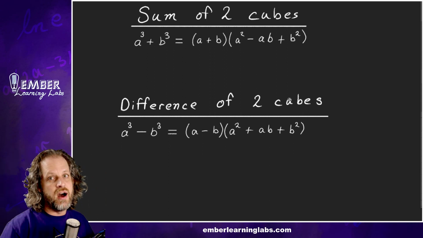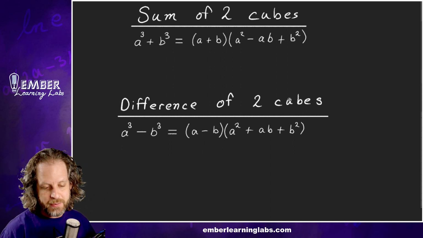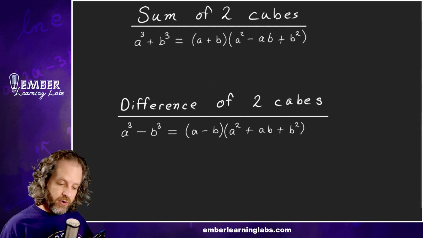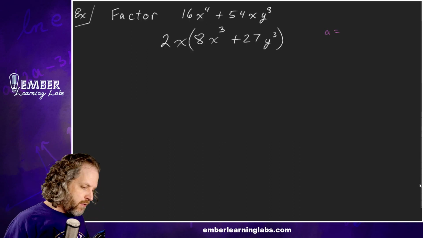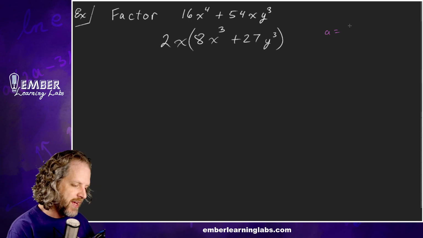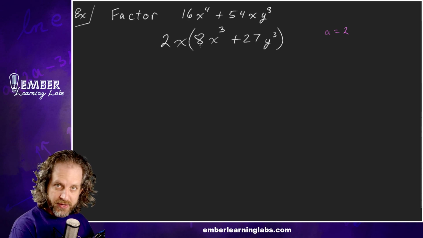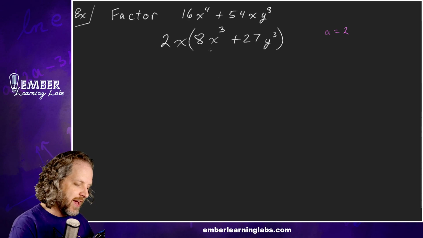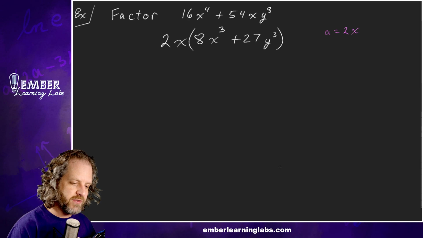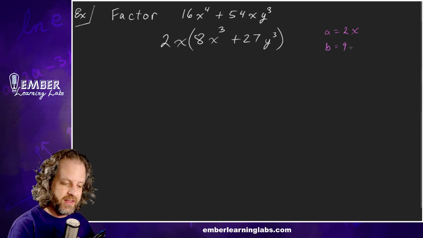You just take the cube off, and then you have the letter. But for a number, which we're going to see in this example, you take the cube root of it to figure out the A. So the cube root of 8 is 2. 2 times 2 times 2 is 8, right? And then for this one, we just take the cube off and turn that into x. So B in this problem would be 3, because the cube root of 27 is 3, and then y.